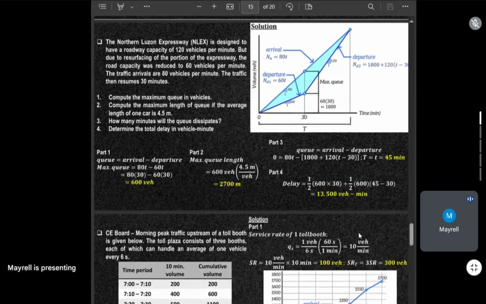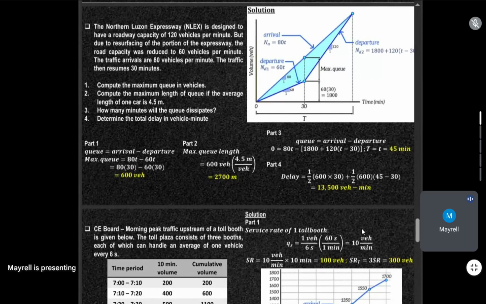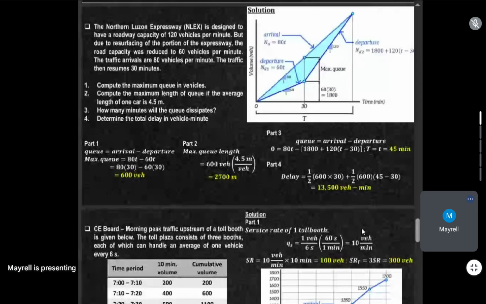The Northern Luzon Expressway, NLEX, is designed to have a roadway capacity of 120 vehicles per minute.